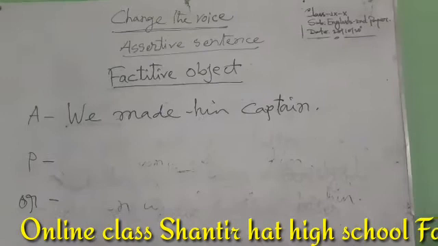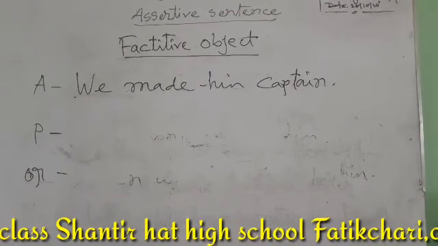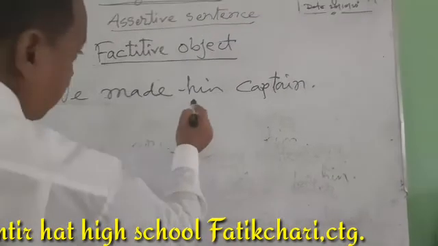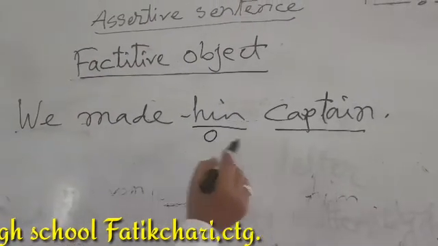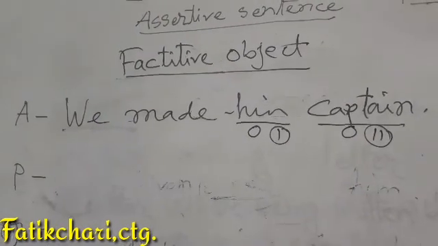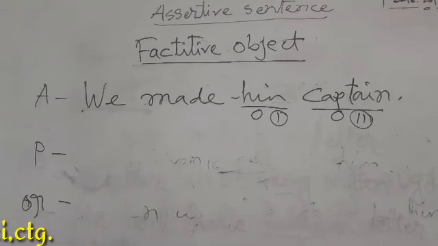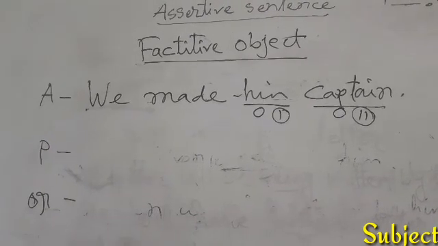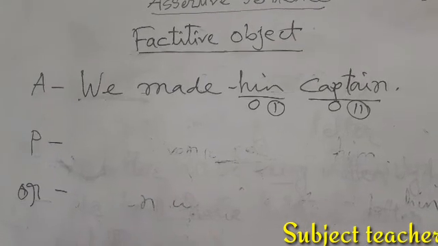We made him captain. Look at the example. This sentence also has two objects: him, captain. Object number 1, number 2. Here, the second object is a factitive object or complement. In the first sentence, we easily swap.